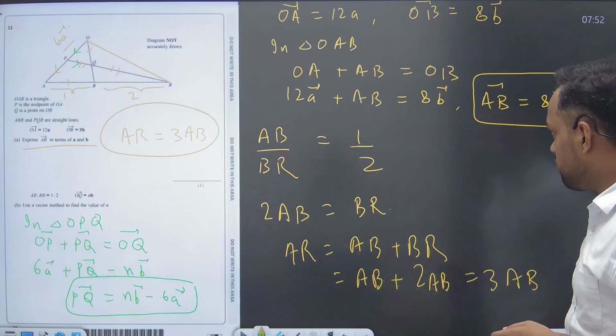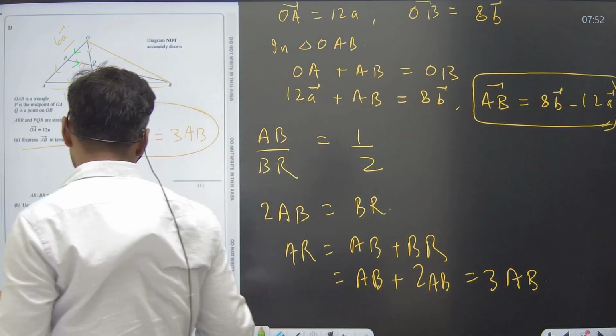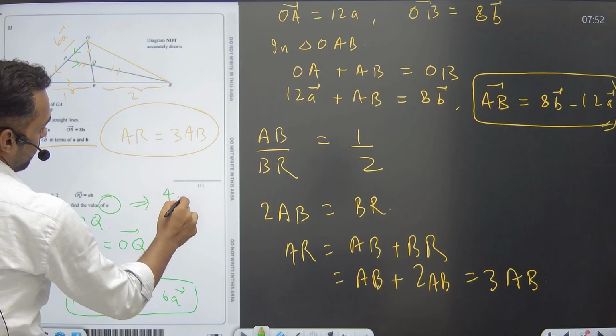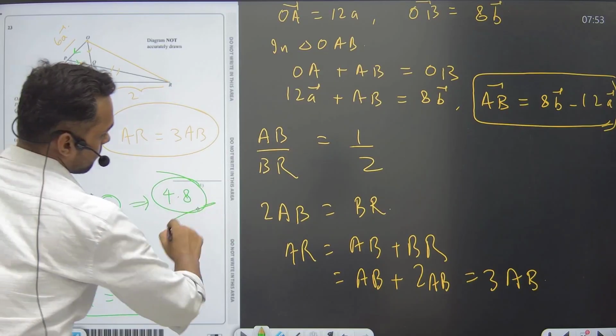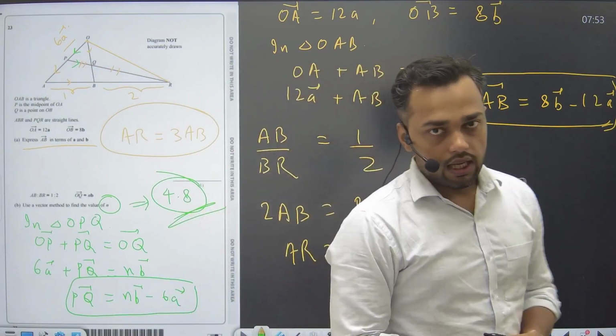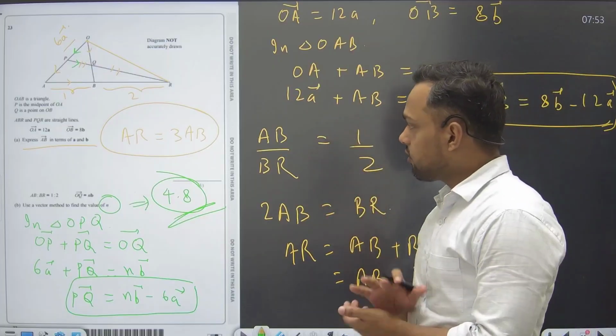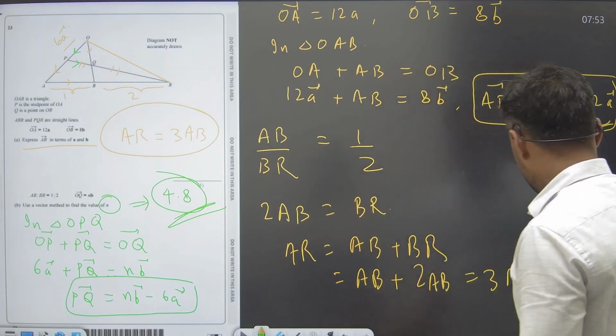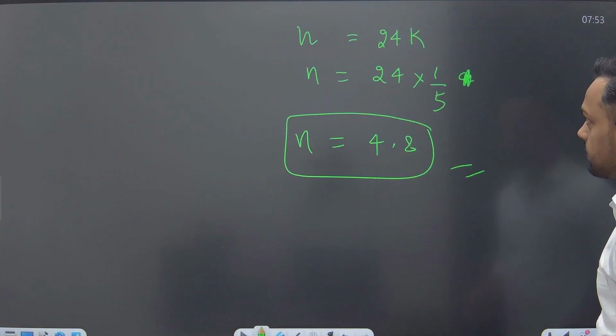So the answer to this particular question, find the value of n, will be 4.8. I think you have visualized the concept which we have applied here. It was a good question, by the way. Now let's move to the next question.